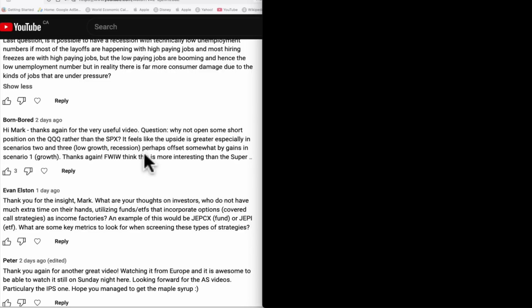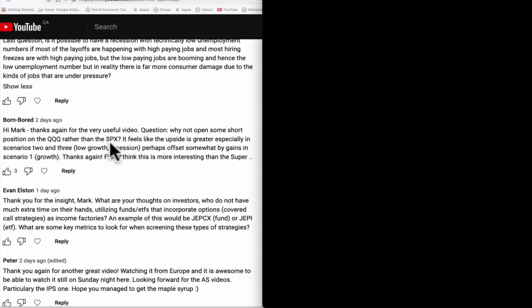Why not open some short positions on QQQ rather than SPX? You can. It just requires more margin. It's more volatile, which means if it moves against you, it moves against you faster. The margin requirement needed in the futures market is also, I wouldn't say it's higher.